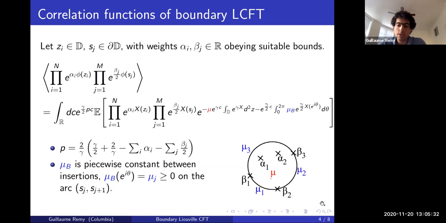So a typical correlation is represented by this picture. On this picture, I have, for instance, 2 bulk insertions, 3 boundary insertions, a red parameter mu for tuning this interaction in the bulk, and then some values for mu on the boundary, tuning this interaction on the boundary. So the interest of studying this is really twofold.